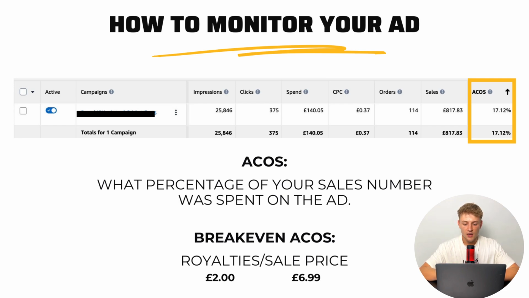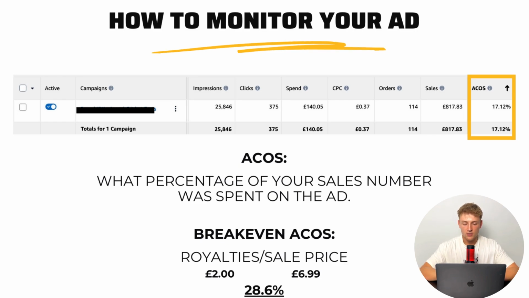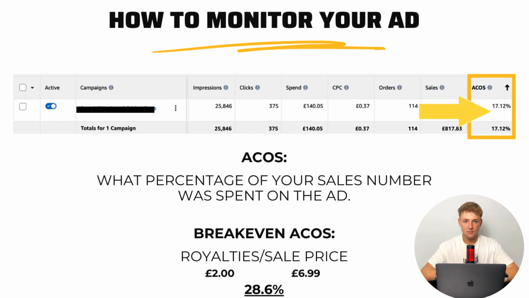So let's just say I sold a book here for £6.99, only £2 of that is what I take back. So therefore £2 divided by £6.99 gives me a break-even ACOS of 28.6%. And this basically means if this number here is 28.6% or less, this means that this ad is profitable. Anytime this ACOS is higher than 28.6%, it is therefore unprofitable.